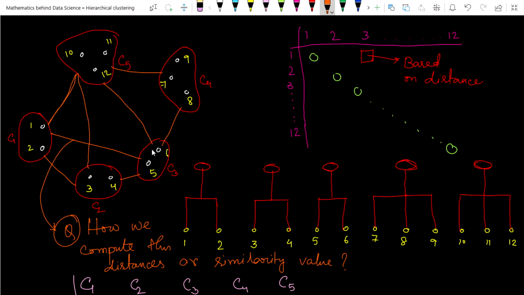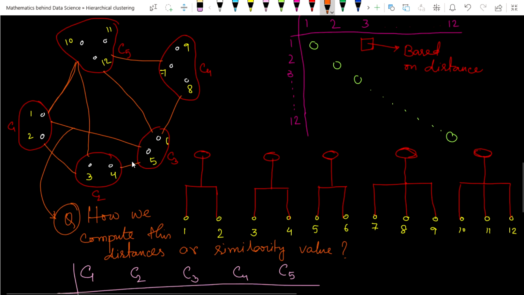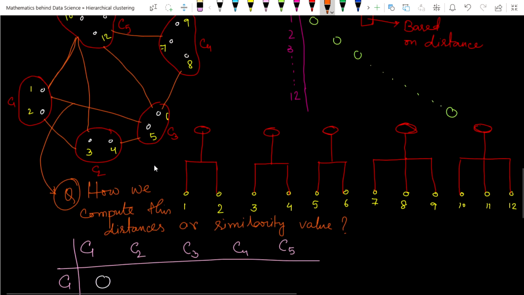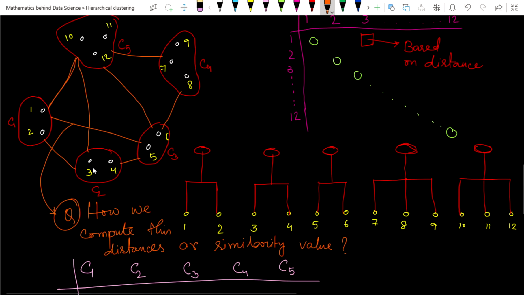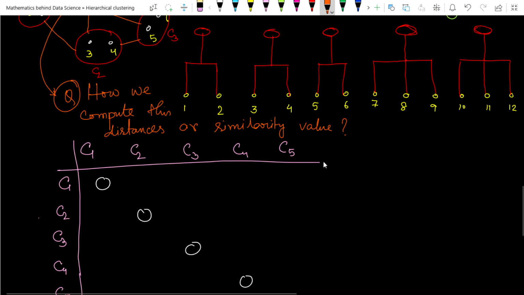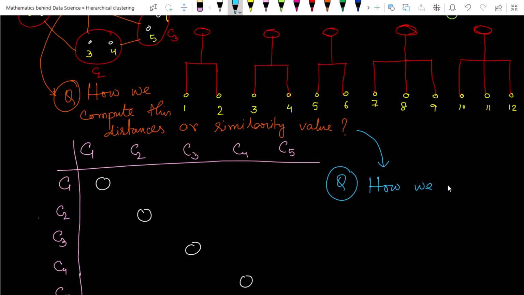Now the second question. If we compute the distances or similarity, then based on the distance or similarity, we merge these two clusters. Now the question is how we will merge them.